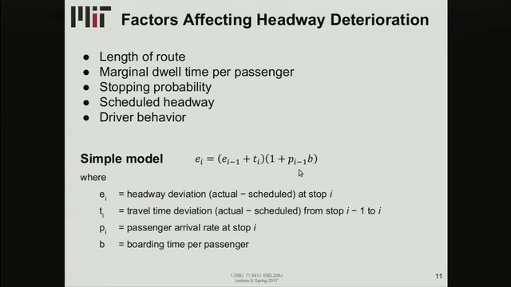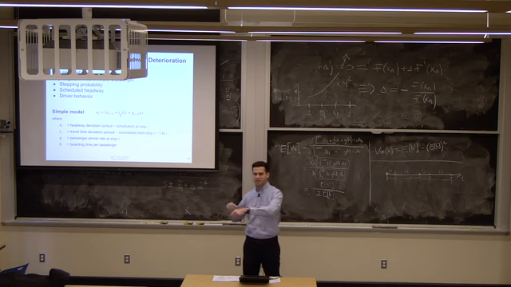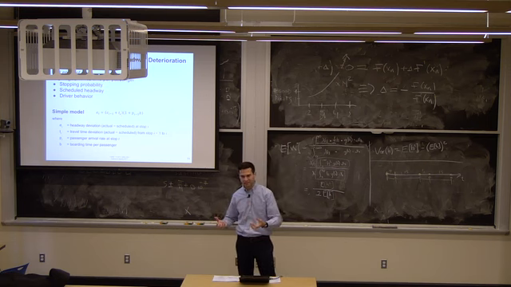So this is P_i, not P_{i-1}, as I said earlier, and this is the arrival rate at the stop right now, multiplied by the boarding time per passenger. This whole quantity is multiplied by the deviation of the time it takes to arrive. So it's a deviation in headway, essentially.